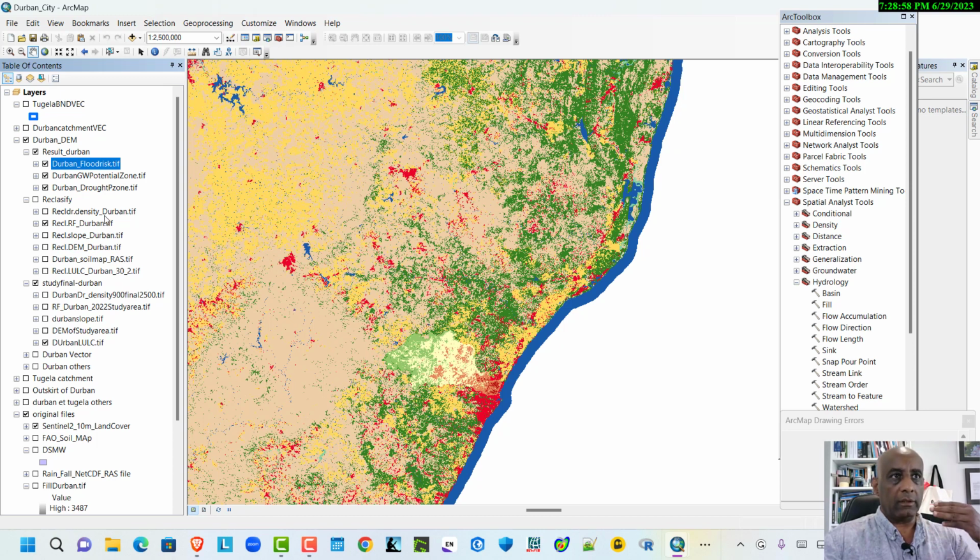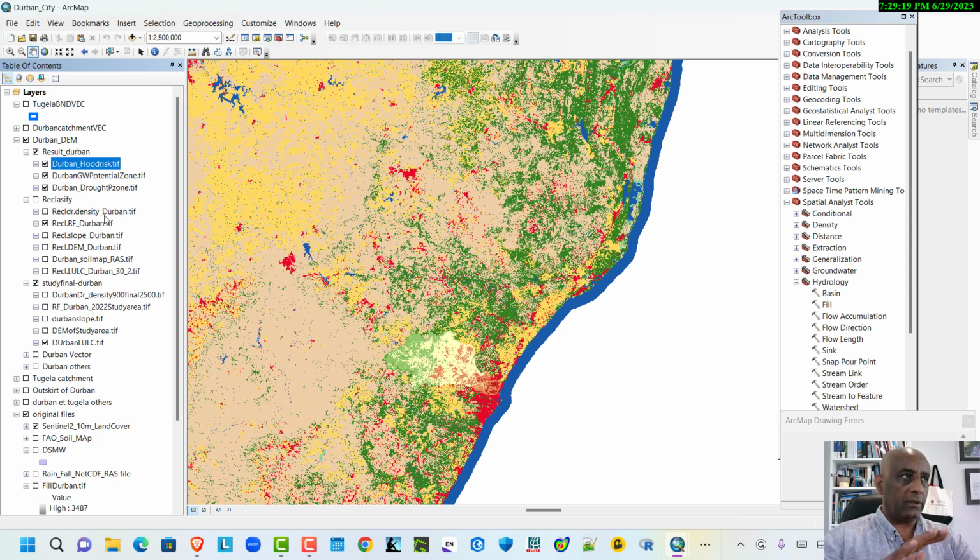After that, we start analyzing, overlaying those data. That is the principle of the way that we study the flood risk or groundwater potential, by overlaying all of this data.